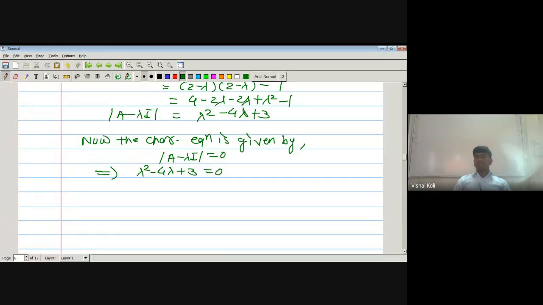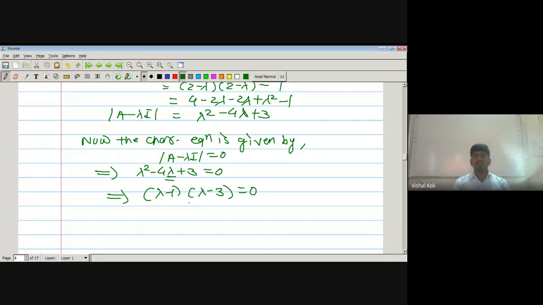Now we have to find the characteristic values, which are nothing but the characteristic roots of this equation. It can be written as lambda minus 1 into lambda minus 3 equal to 0, since lambda into lambda is lambda square, minus 3 lambda minus lambda, which is minus 4 lambda, plus minus 1 into minus 3 is plus 3.